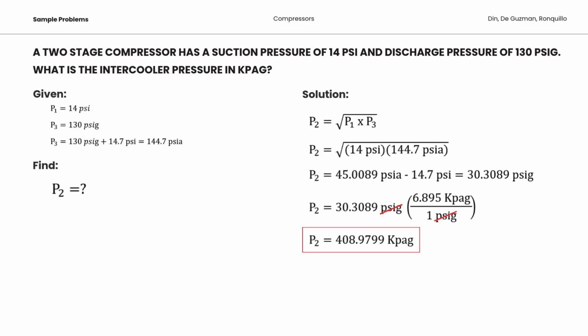After subtracting 14.7 psi, we get 30.3089 psig. Now to convert psig to kilopascal gauge, we have to multiply it by 6.895 kilopascal gauge, getting the second pressure 408.9799 kilopascal gauge.